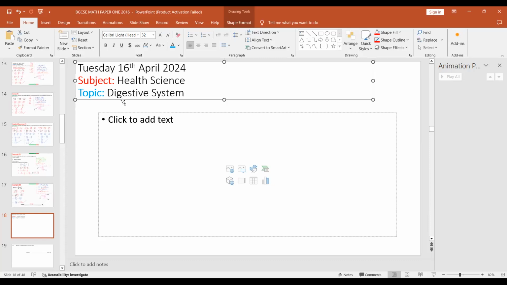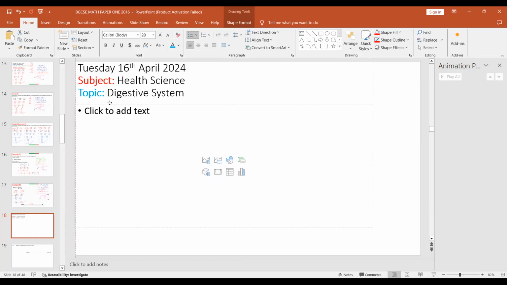So let's figure out what things we need to know concerning the digestive system. Let's go ahead and write these notes down. The digestion of food begins where? In the mouth. The digestion of food begins in the mouth.